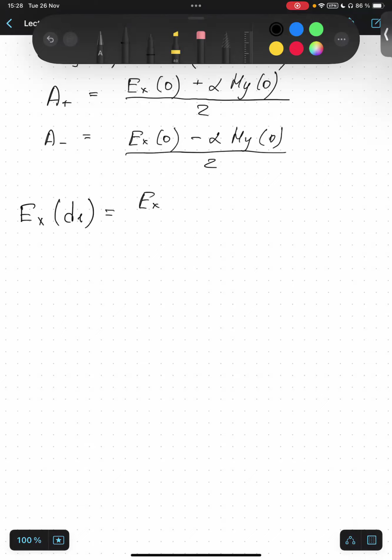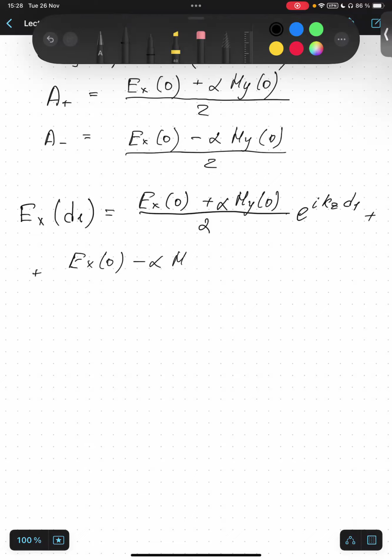So it's Ex 0 plus alpha Hy 0 over 2 e to the power i kz d1, plus the same Ex 0 minus alpha Hy 0 over 2 e to the power minus i kz d1.